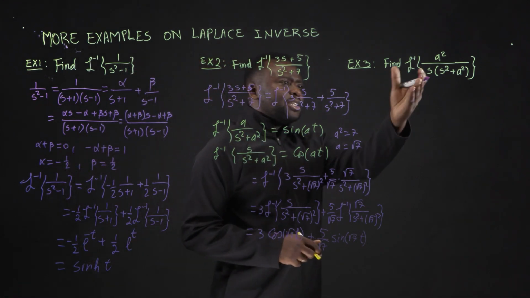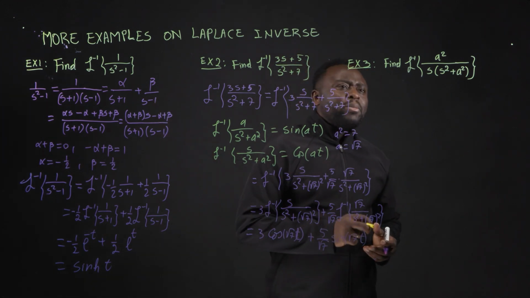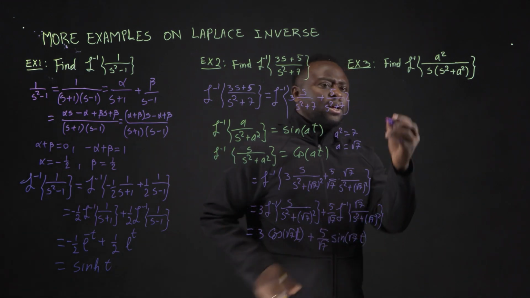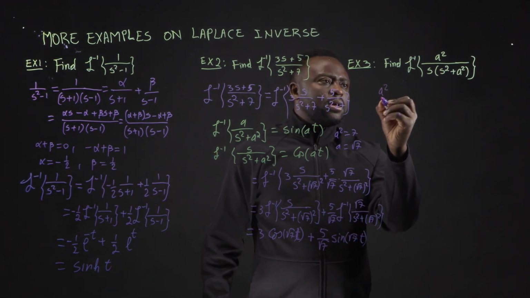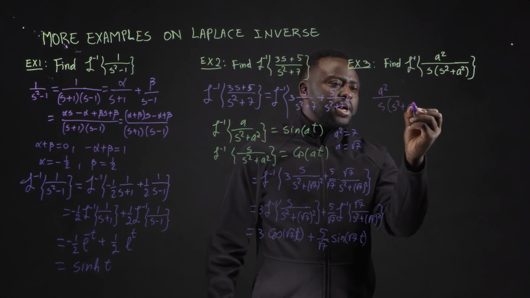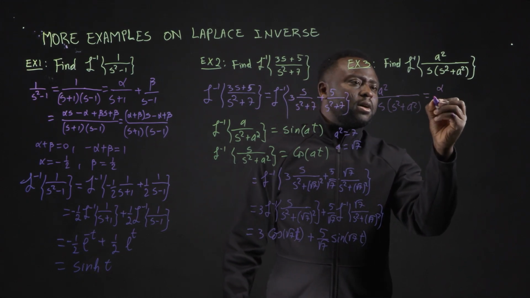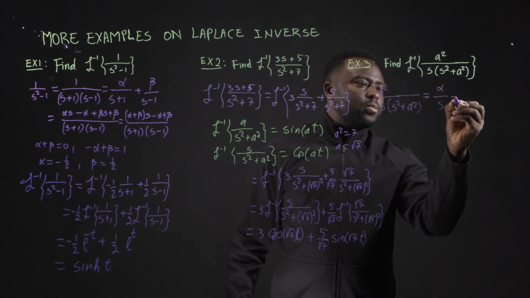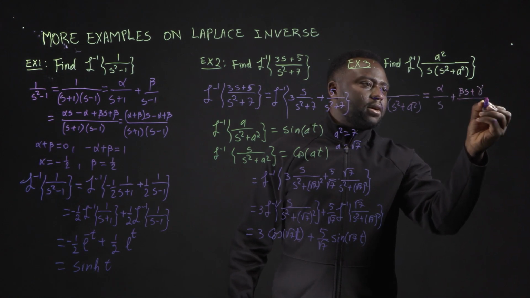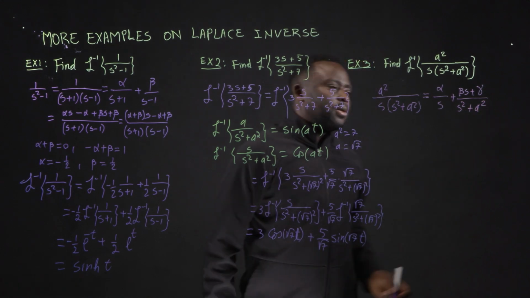All right, let's look at this last example. Again, we apply the fraction decomposition here as we did for the previous one. For the fraction decomposition, a squared over s bracket s squared plus a squared is alpha over s plus beta s plus gamma over s squared plus a squared.